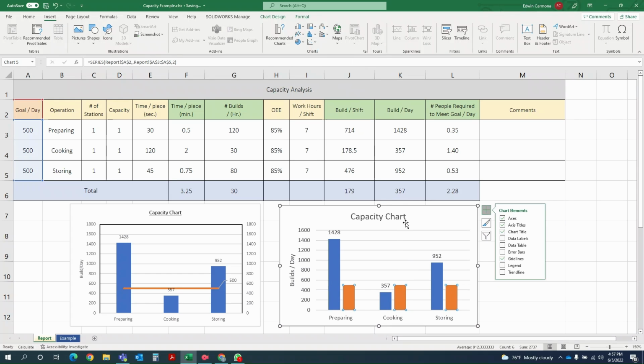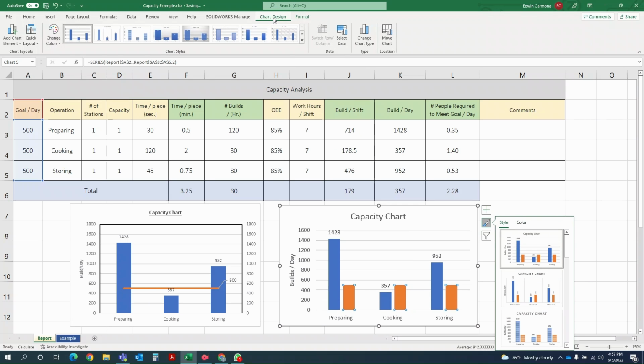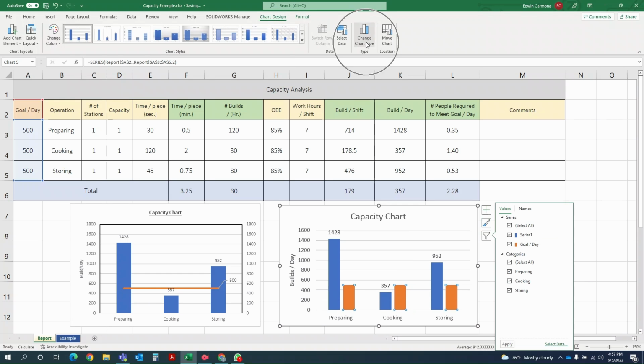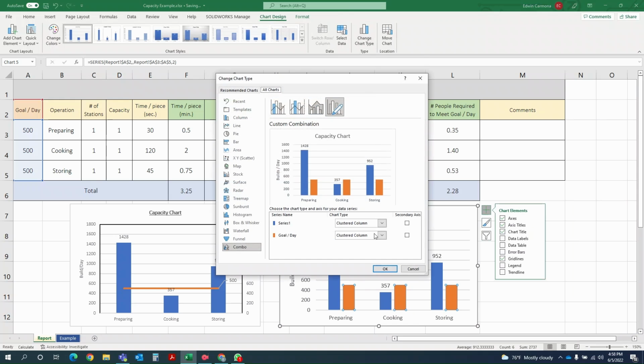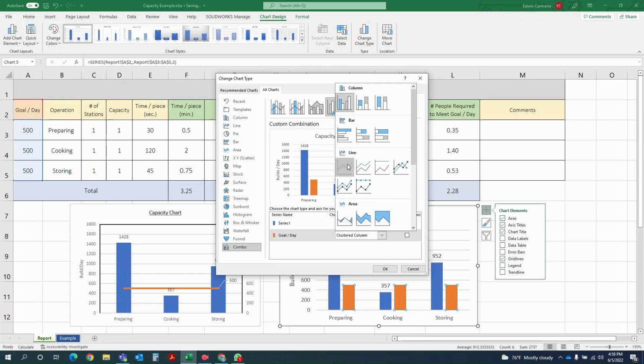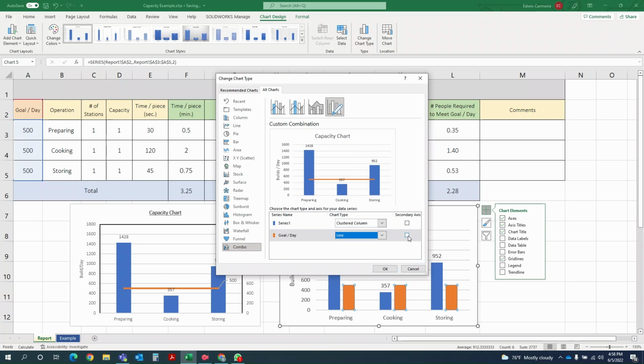So I want to change that, and how to do that is go to chart design here, change chart type, and in here you're allowed to change what kind of chart type you're going to get. I'm going to choose line and make this a secondary axis, or you can leave it the same. It's really up to you.